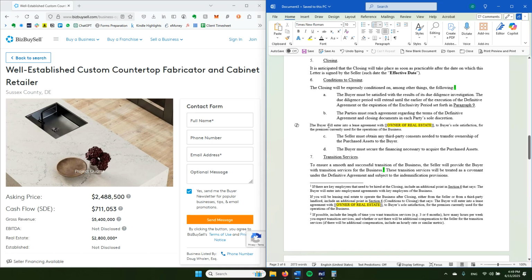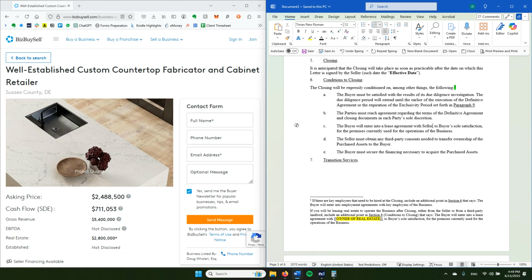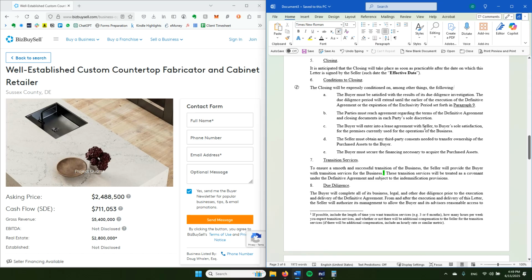And we'll come in and fix the formatting. Not sure why the formatting does that. I really don't know. And then since the seller owns the real estate, it'll be the seller. Alright, and then that footnote is handled.